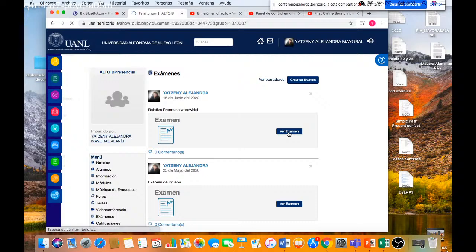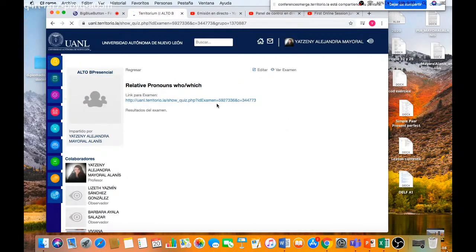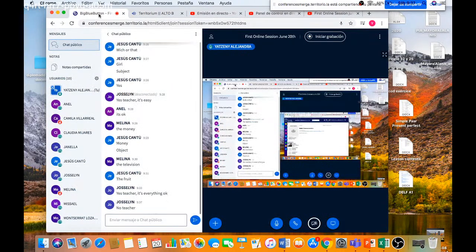Could you please write over there and ver examen, and then click over here. Obviously, I can check over here the result because I can check the exam, but it's not an exam. I told you it's not an exam, it's an exercise. We are going to work with this in the following minutes. Could you please start working on it?